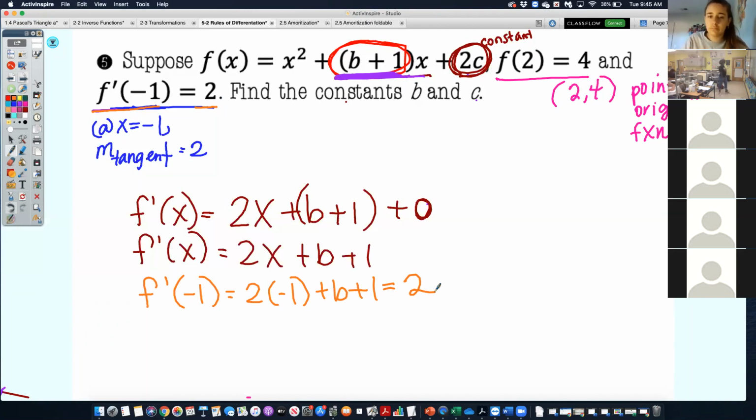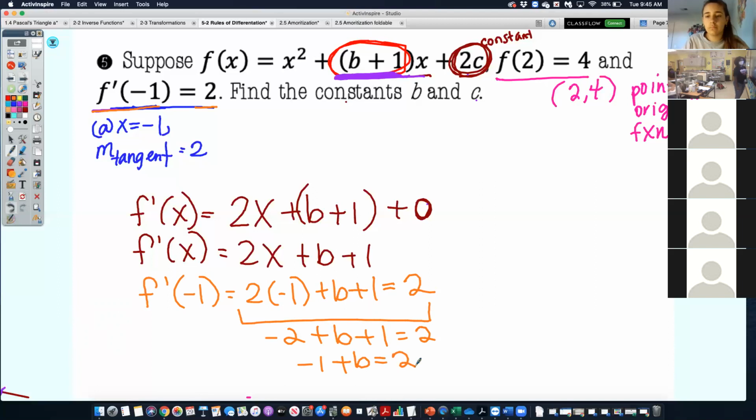Questions on that? No. So I'm going to solve just this part right here. I'm going to solve for b. What's 2 times negative 1? Negative 2. Combine like terms, what's negative 2 plus 1? Negative 1. Then I need to solve for b by adding 1. So b is 3. B is that value of 3.